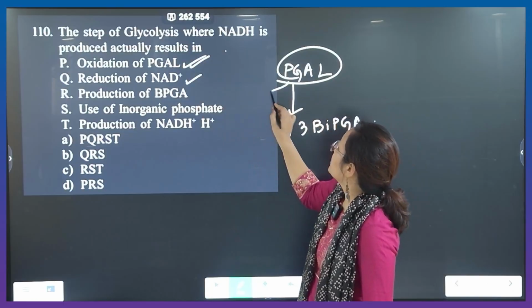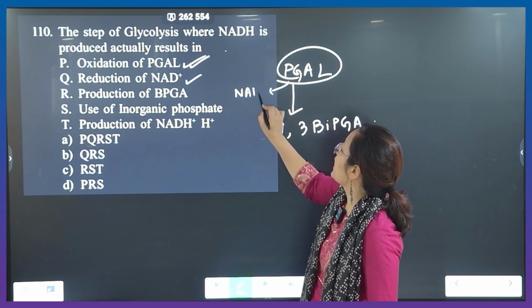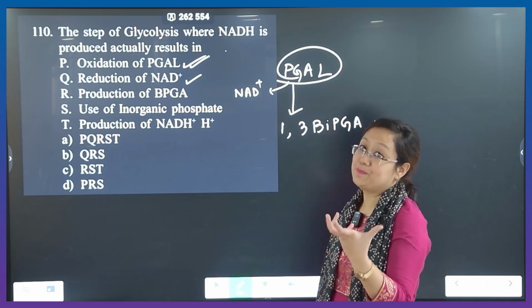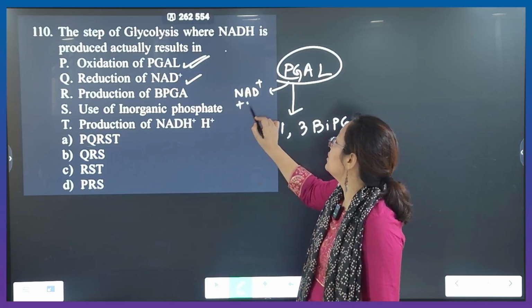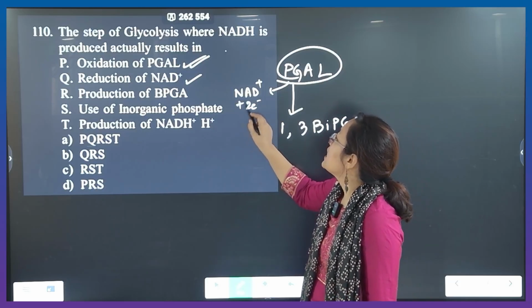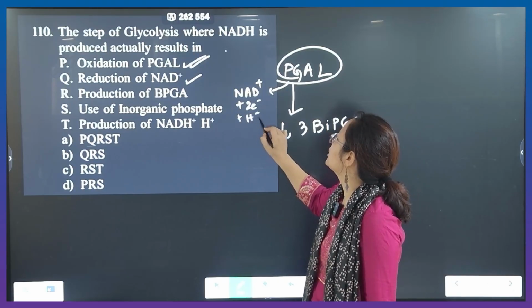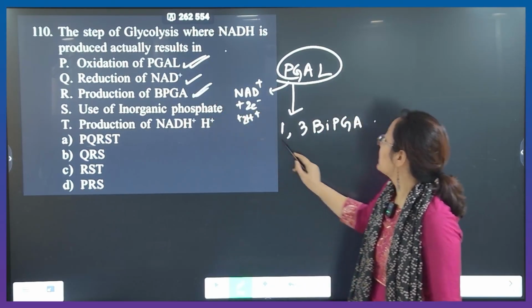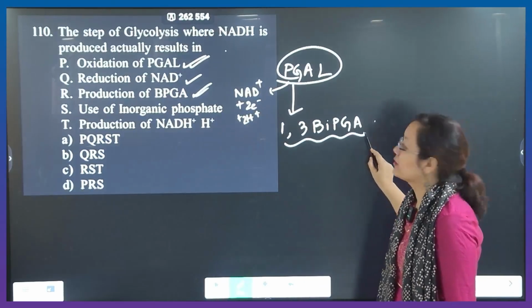NAD ion will be reduced क्योंकि NAD ion जो external electron acceptor है उसका रिडक्शन हो जाएगा. उसके बाद क्या प्रोड्यूस होता है 1,3-bisphosphoglyceric acid.